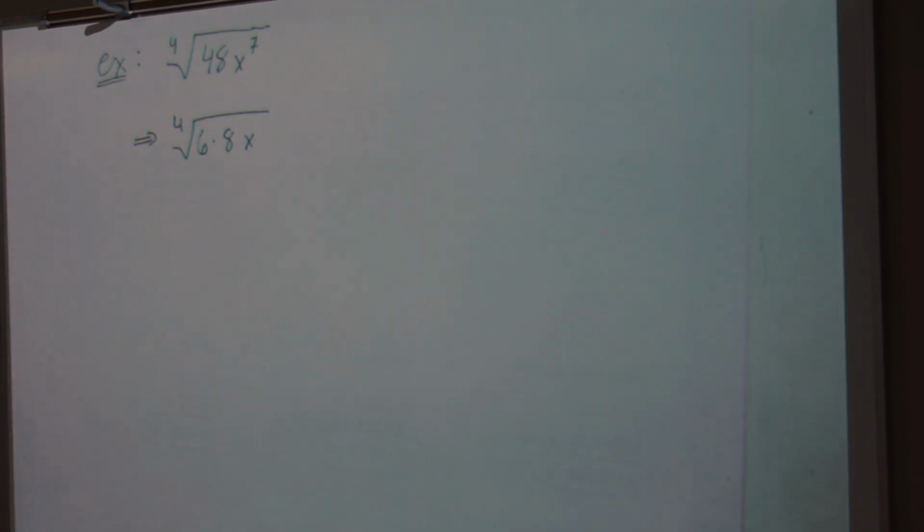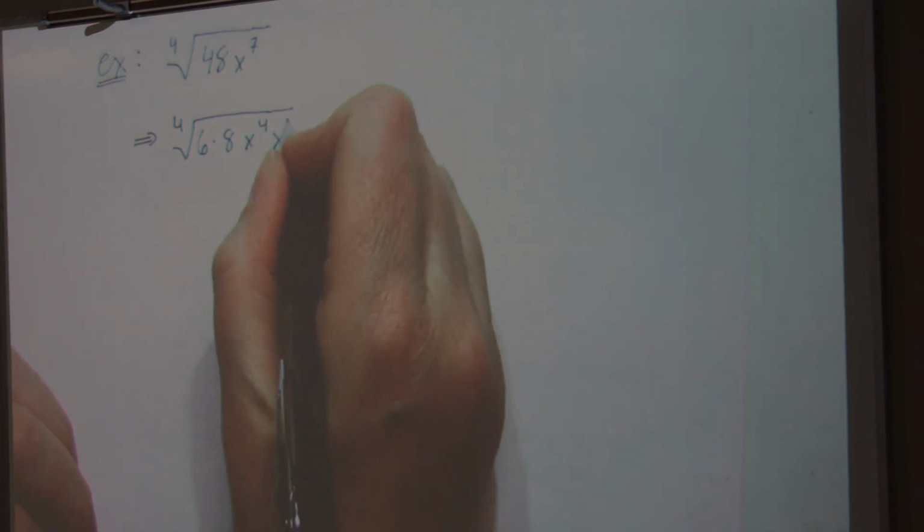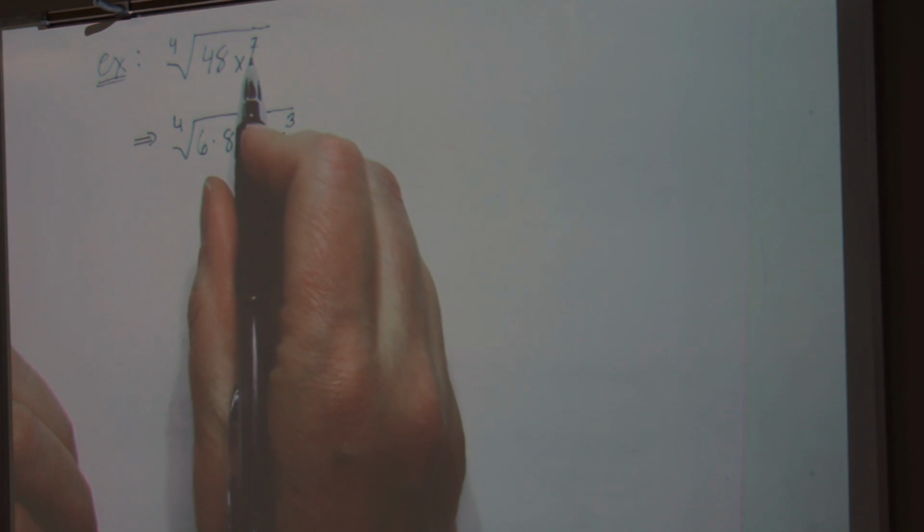What number less than 7, below 7, is divisible by 4? 4, right? So if this is 4, then what's my leftover numbers? 4 plus what gives me 7? 3. Again, adding your exponents will give you back the original exponent.